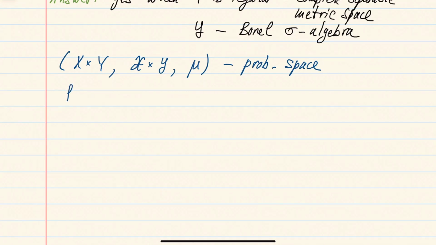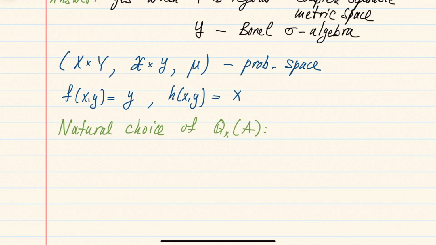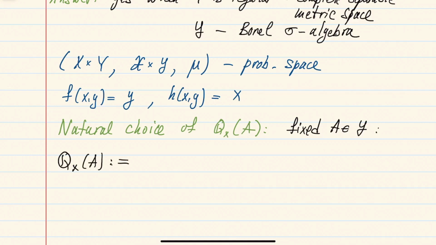I'll denote by f the second coordinate y, and by h the first coordinate x. And as I said, the natural choice for this transition kernel, at least for a fixed set A in the sigma algebra on the second coordinate, will be just the conditional expectation of the indicator.